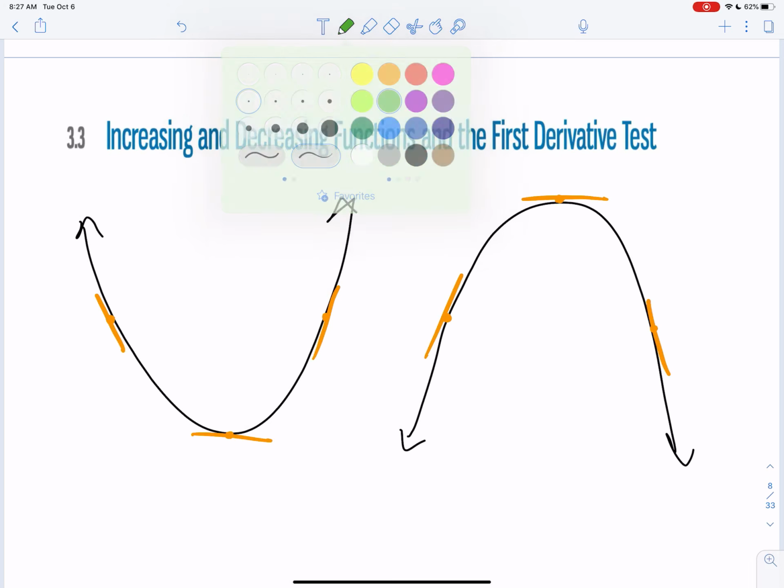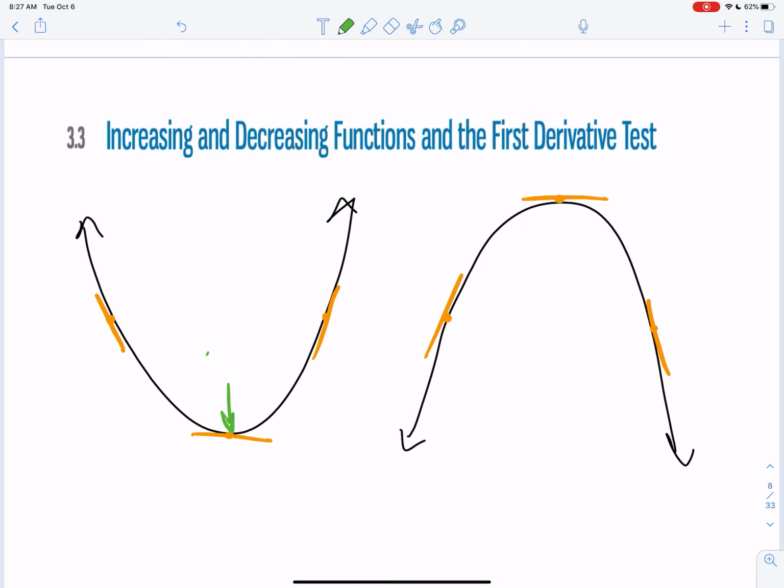Okay, so we know that this right here is where the derivative is equal to 0 because the tangent line is horizontal, so the slope of the tangent line is 0. I noticed that when the graph is decreasing, the derivative is negative, right? And when the function is increasing, the derivative is positive. Okay? That's something that we went over already.